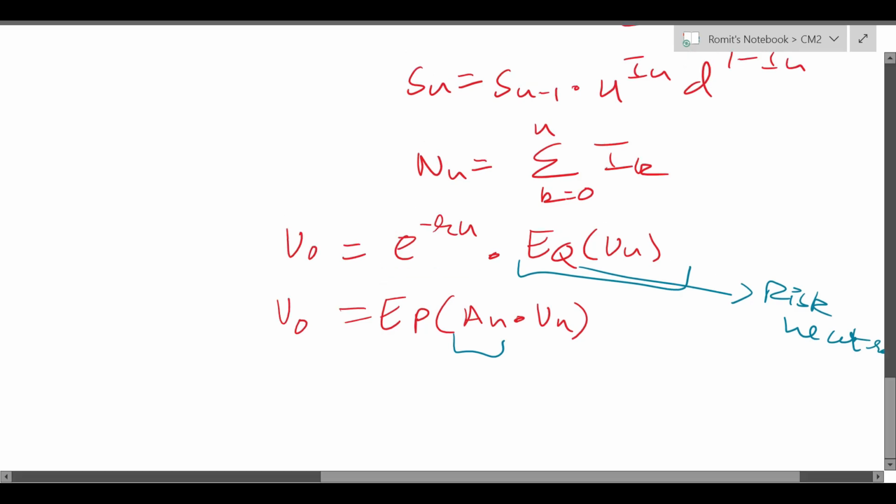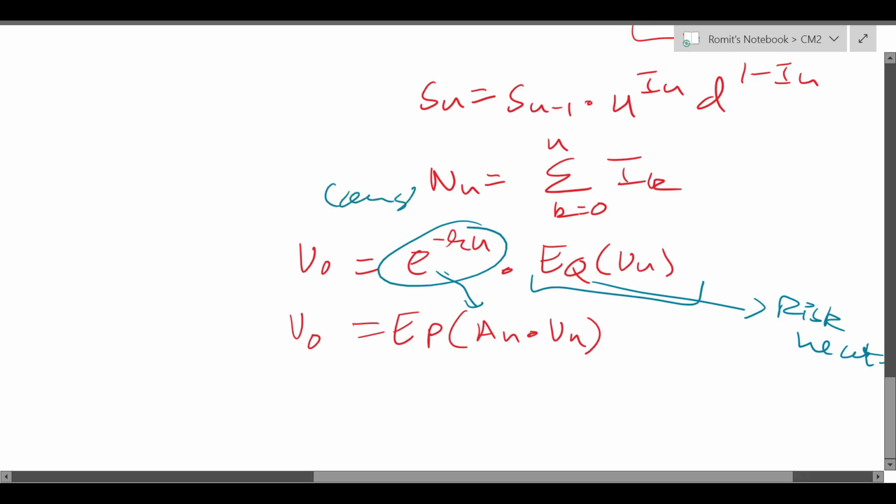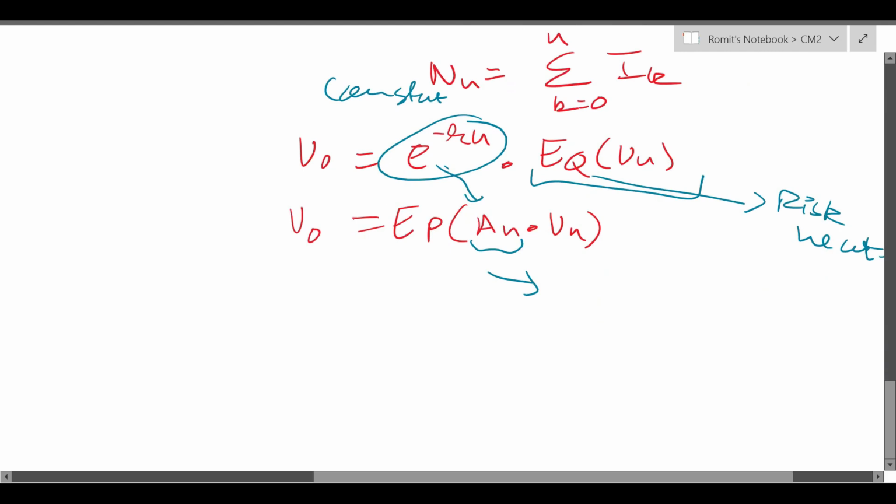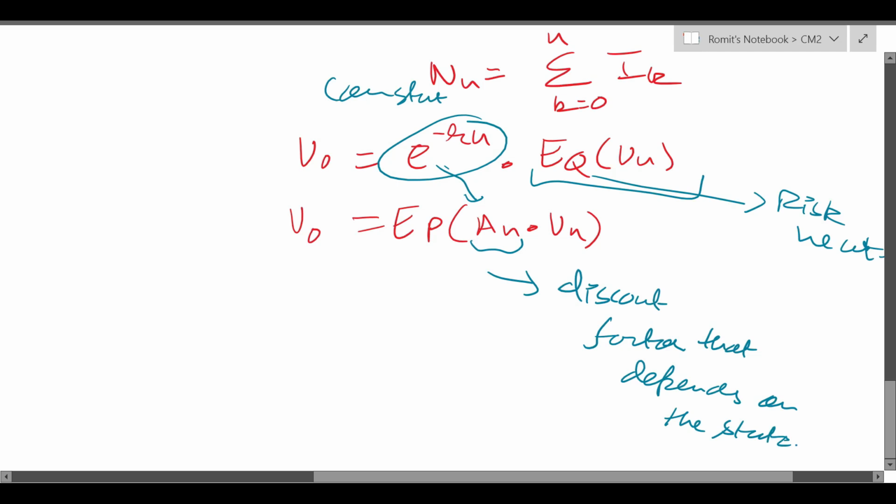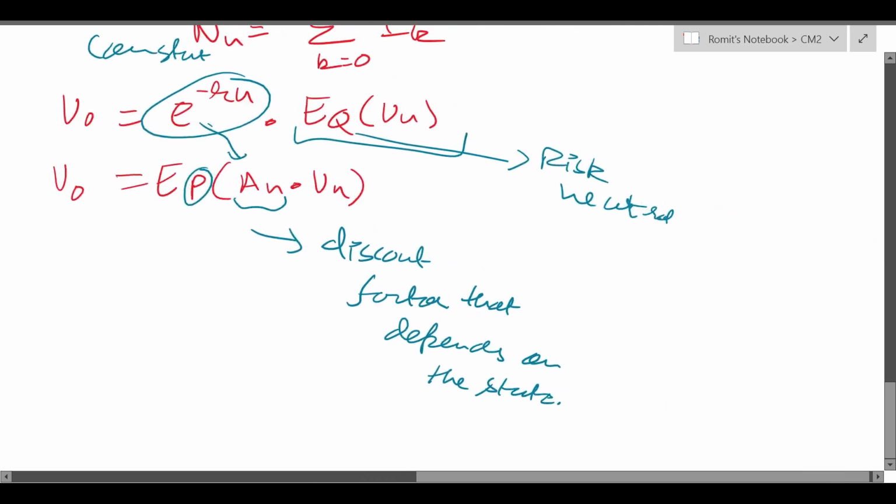So this is just replaced by this, and this was a constant, and this is basically not a constant. So this is a discount factor that depends on the state. State meaning where your share price is. That's the idea of a state price deflator approach, okay. That is why we use it, so that we can discount based on the real world probability, which is a more realistic measure as compared to the abstract measure, that is risk neutral probability.